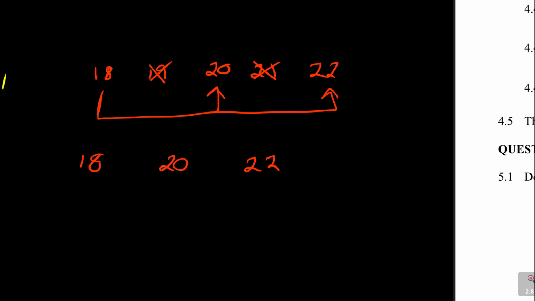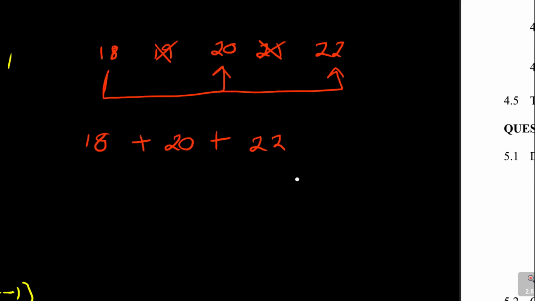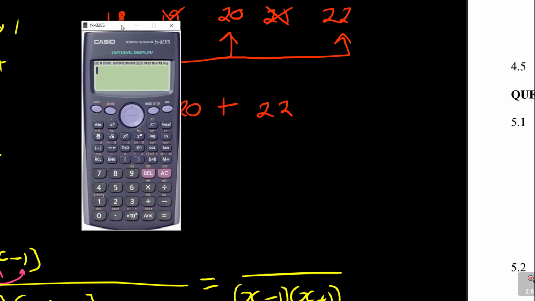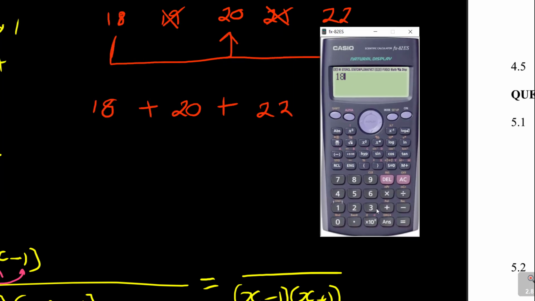You see that? So if they say the sum, it means I must add them. Are you with me? Now, it's funny when I'm adding these numbers already. What is 20 plus 22? Let's add these numbers. This was a guesswork, but it's working out funny. 18 plus 20 plus 22. Oh, this one is 60.